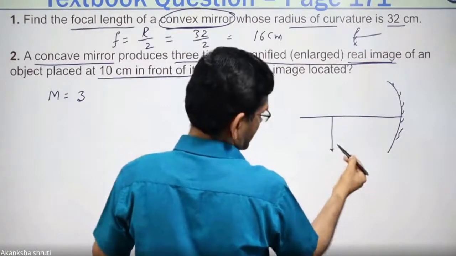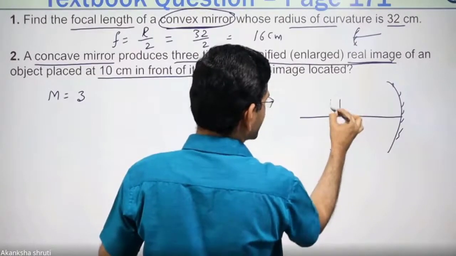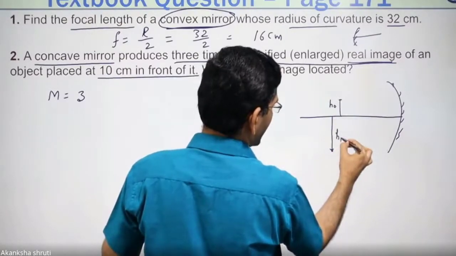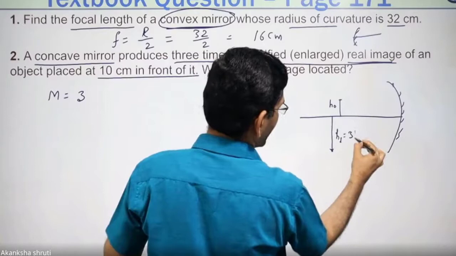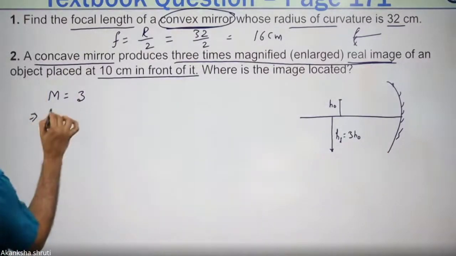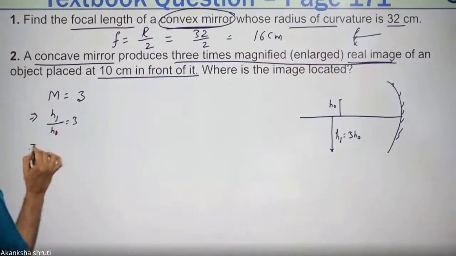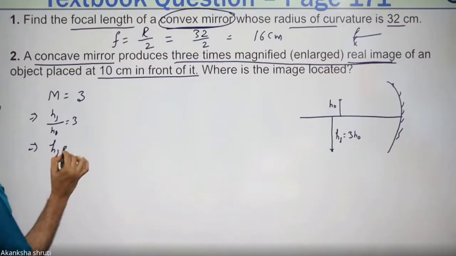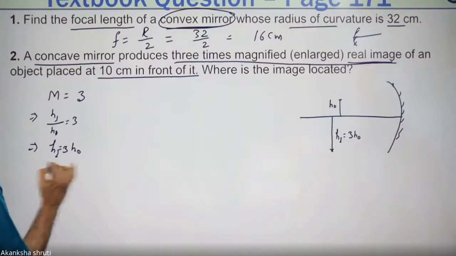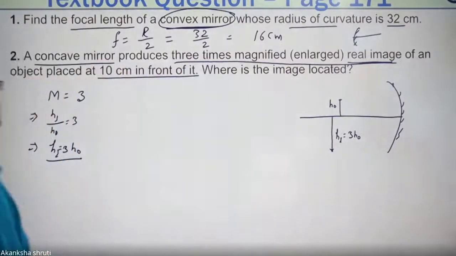But this image is 3 times, if I consider the object height HO, the image height HI will be 3 of HO. It simply means that. A student, M is equals to 3 simply means HI by HO is equals to 3. So this way, the height of image is equals to 3 times the height of object. I have depicted it on this figure to make you understand.